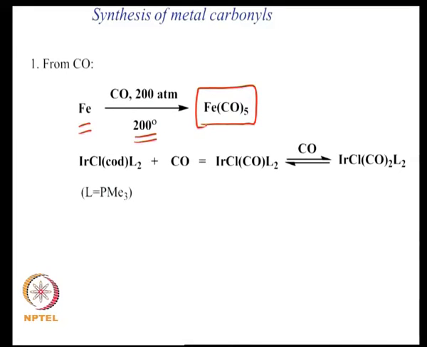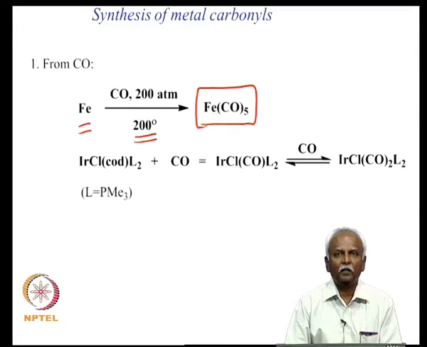This turns out to be the simplest way to make iron carbonyl, and it is fairly inexpensive because carbon monoxide is cheap and iron powder is cheap, and you can make iron carbonyl in significant amount.